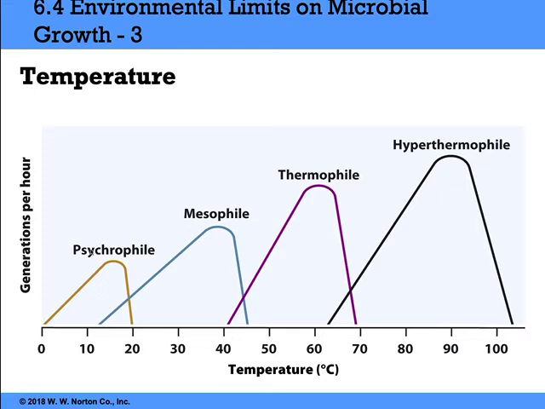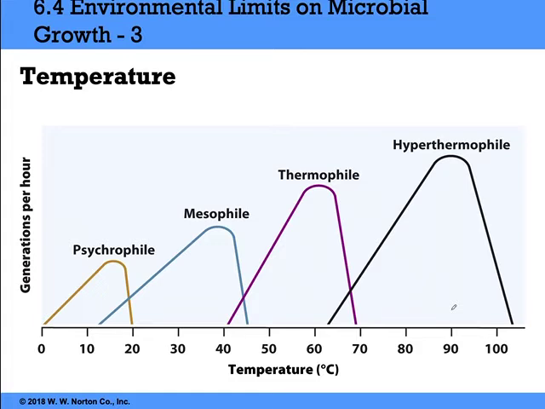A psychrophile, with regard to temperature, tends to optimize at temperatures around 15 centigrade, right? A mesophile optimizes close to 40, okay? A thermophile digs around 65, right? And then a hyperthermophile is going to like 90.